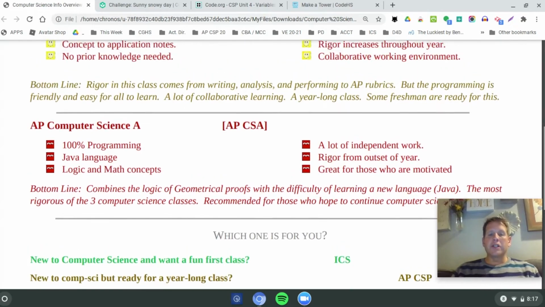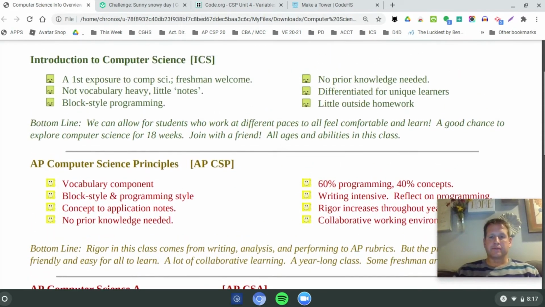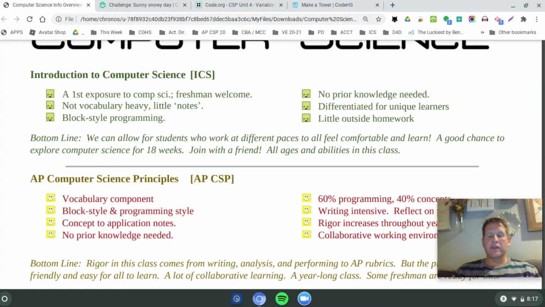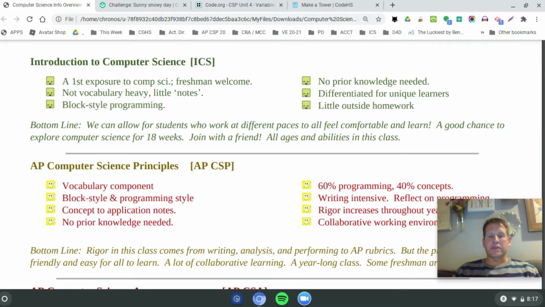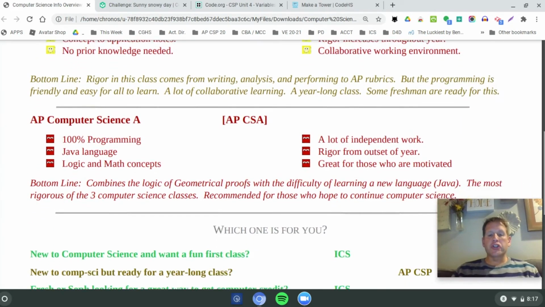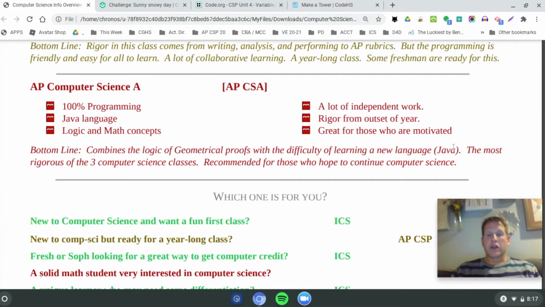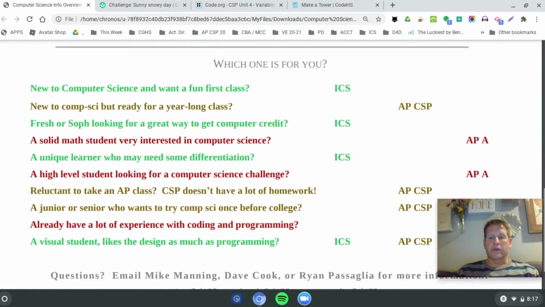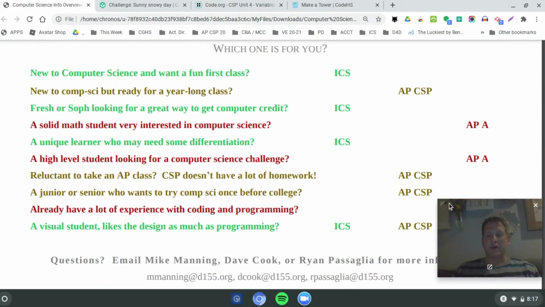If you're unsure about computer science, back up to one of these two. This is a great place to start and learn. If you're sure on computer science, go to the APCSA, and the way you're challenged and what you learn will really benefit you.